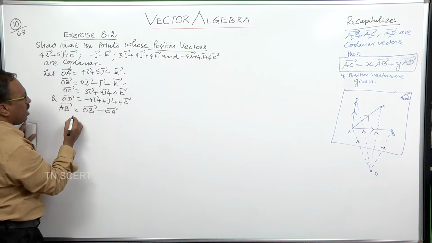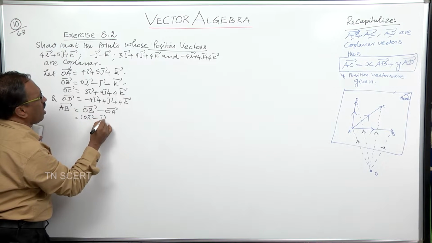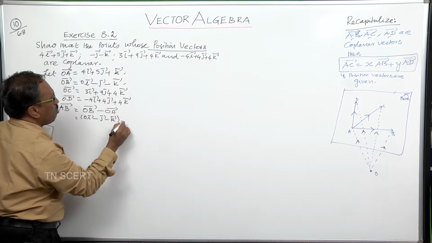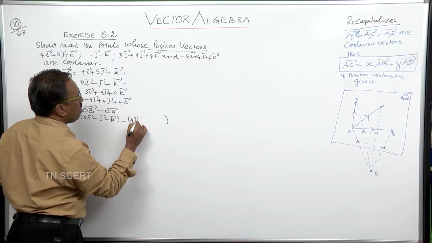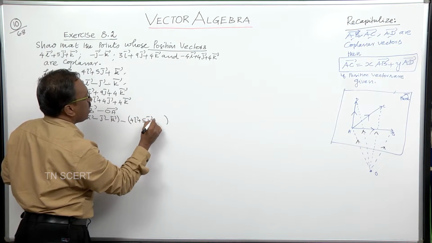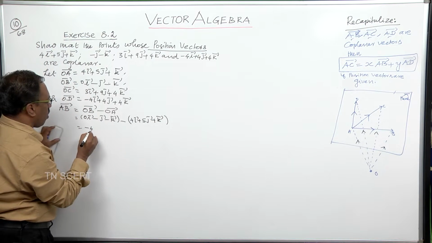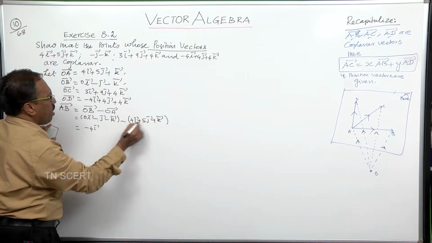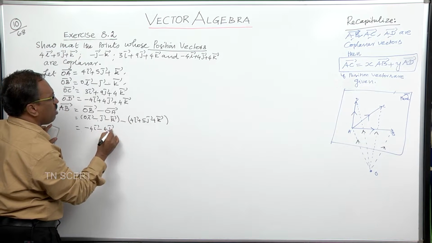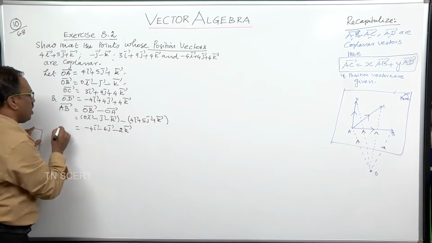OB is 0i minus j minus k, minus this, that is 4i plus 5j plus k, by which it is negative 4i, minus 1 minus 5 is minus 6j, minus 1 minus 1 is minus 2k. That is the first vector, the AB vector.